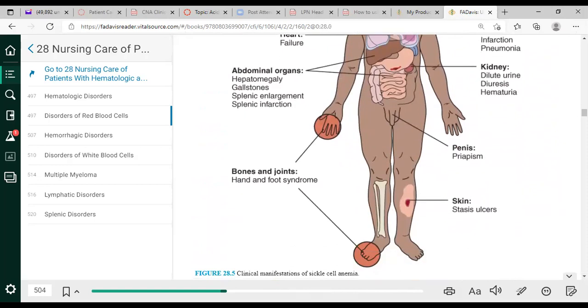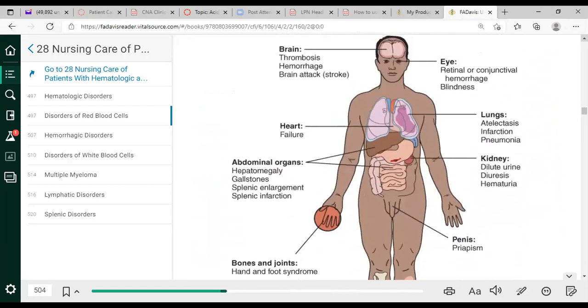And it just shows some of the impact that sickle cells can actually have on the body. The thing you want to picture is that with blood clots, with sickle cells, if it's blocking off blood flow to different areas, it's pretty much killing that area. It's pretty much causing that area to die off.